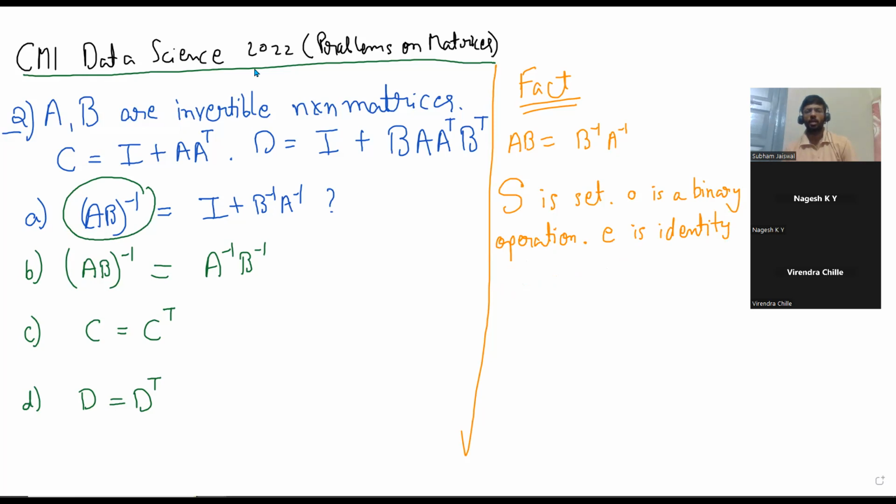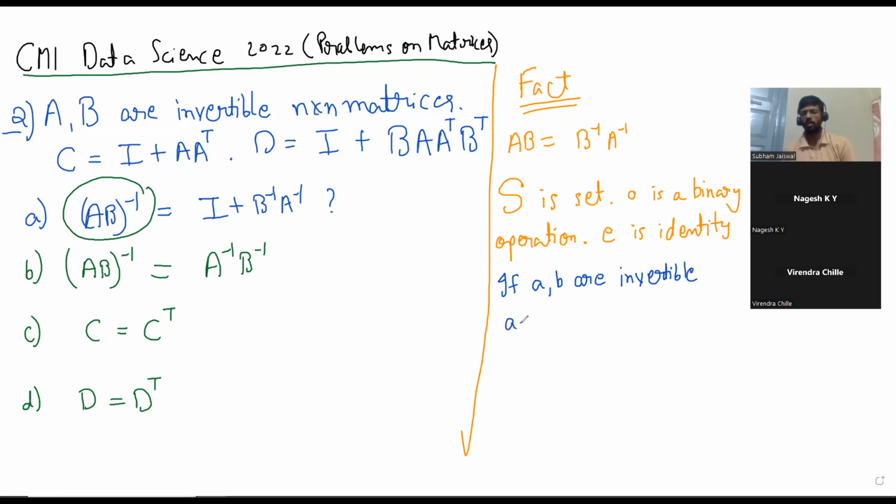Now, if A and B are invertible, you know what this means.